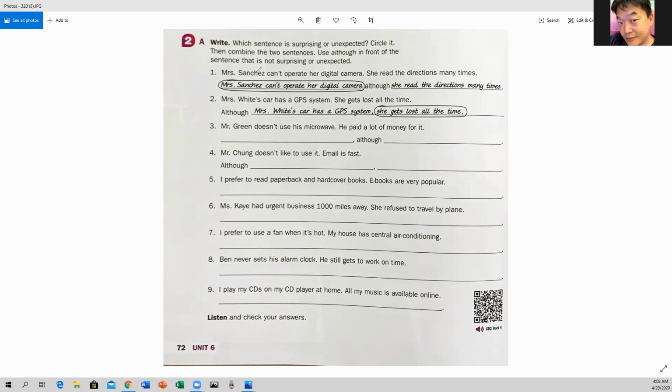Okay, so look at number one. Mrs. Sanchez can't operate her digital camera. She read the directions many times. So which one is unexpected?